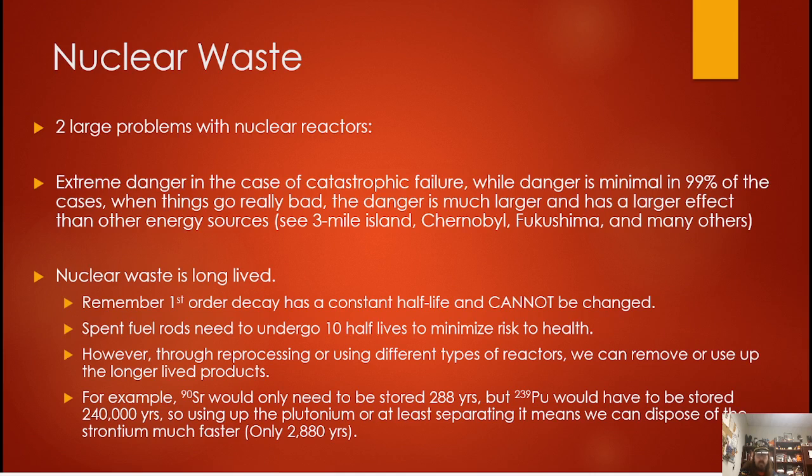So if we can use that plutonium up in a different reactor or separate it out and dispose of it faster, the 10 half-lives of strontium would only be 2,880 years instead of 2,400,000 years. So if we can find other uses for these radioactive products, it's maybe not as bad, but still some of this is bad.